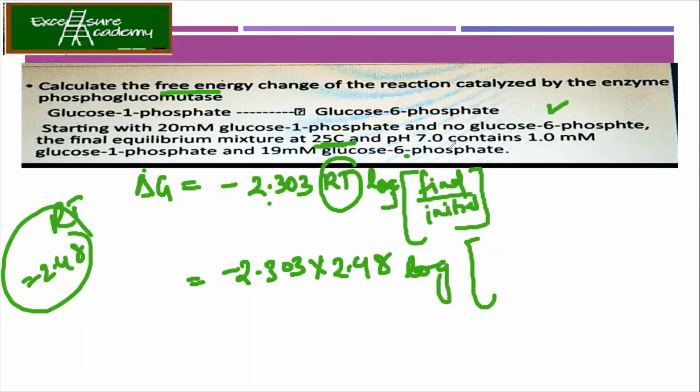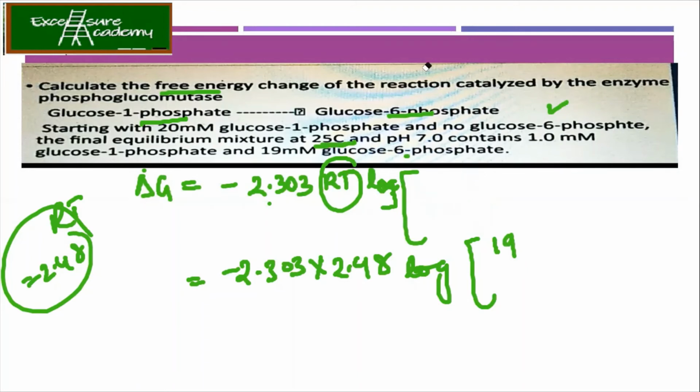See, we are actually checking with respect to glucose 1-phosphate and glucose 6-phosphate, right? So what is the final value you're getting over here? It's around 19 millimolar glucose 6-phosphate. Oh, there is a mistake.